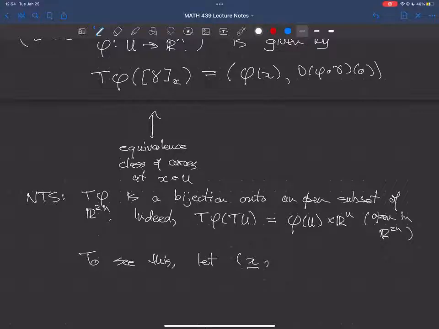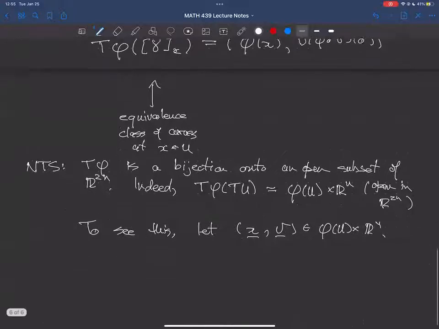Okay, so I'm going to take a vector v bar in here. Okay, what I need to do then is show that there exists a curve at x, and so x here is going to be phi inverse of x bar, and I need to show that there's a curve gamma at x so that phi of x is equal to x bar, and d phi composed with gamma of x is equal to v bar. Okay, that's what I need to show for that to be the image.